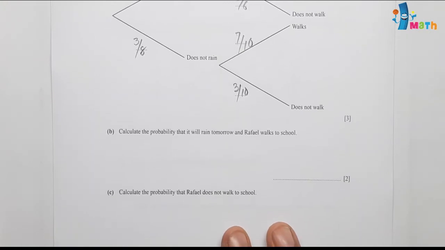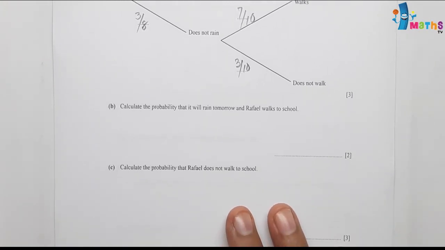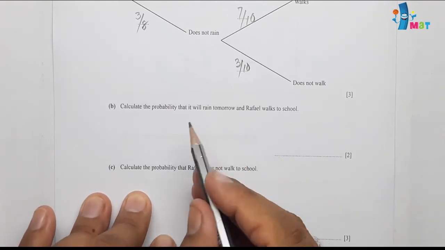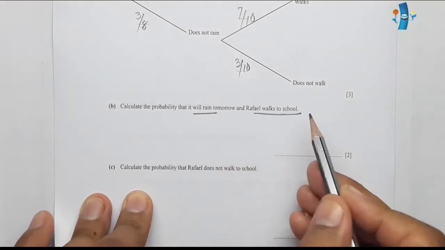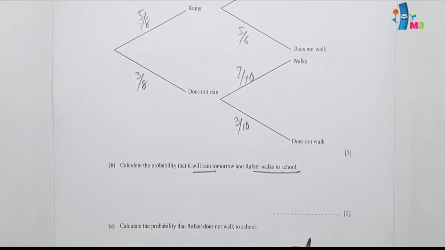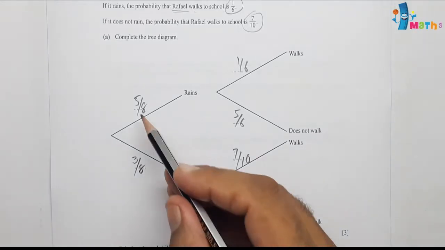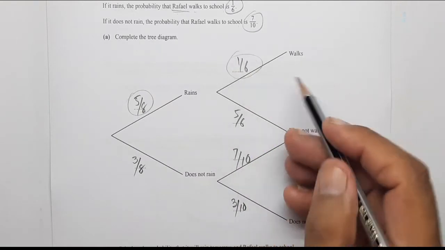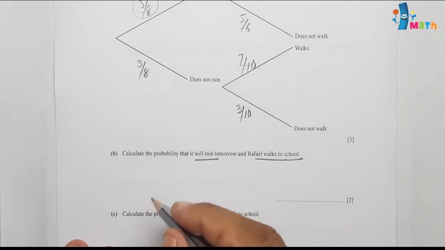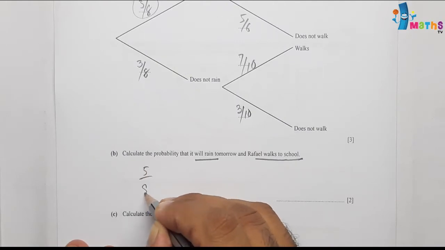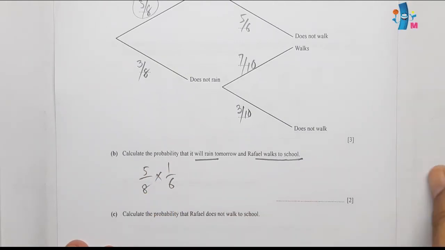And B part is calculate the probability that it will rain tomorrow and Raphael walks to school. So rain and walk to school. Rain will be this one and walk to school will be this one. So we'll take these two probabilities and multiply, which is 5 by 8 into 1 by 6.